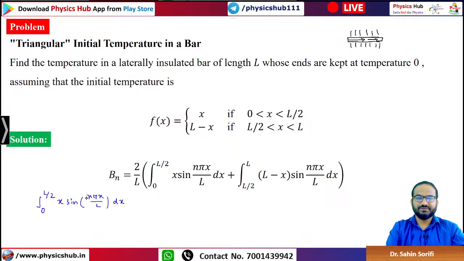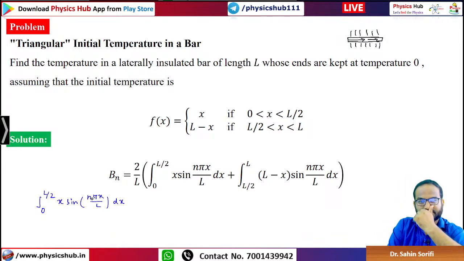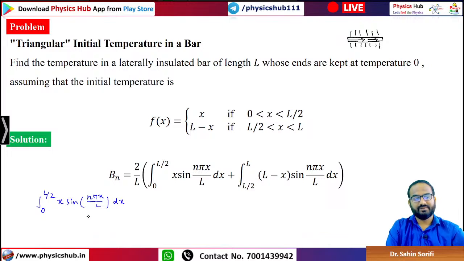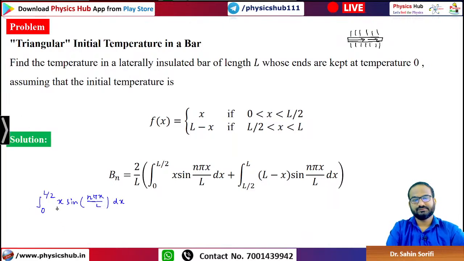So we are going to use integration by parts, taking x as u and sin n pi x by L as v.